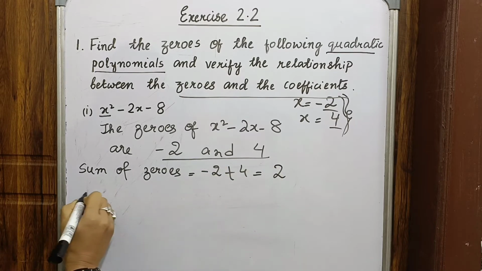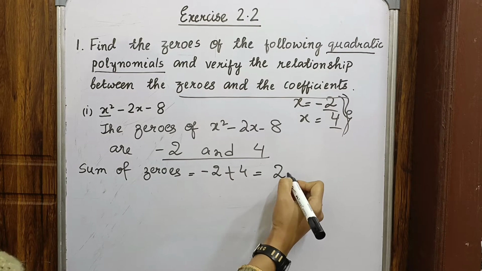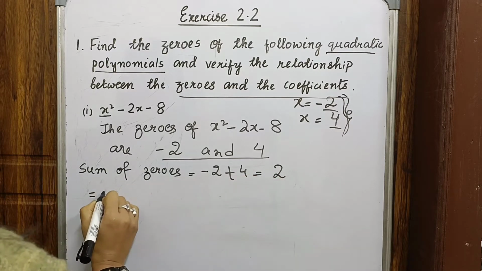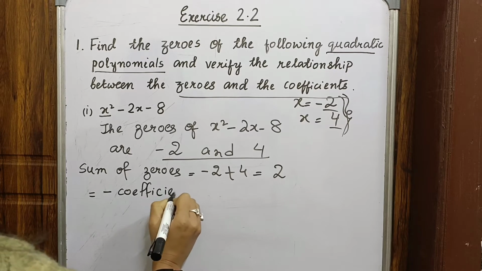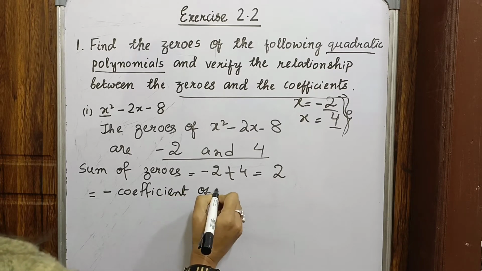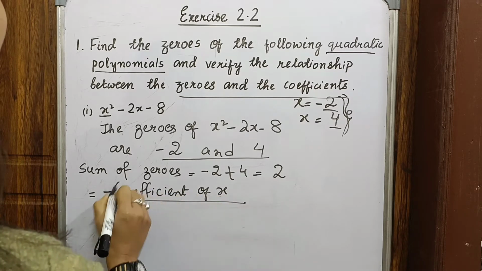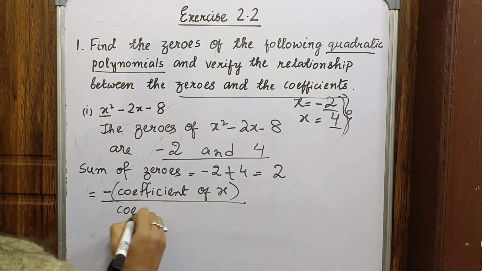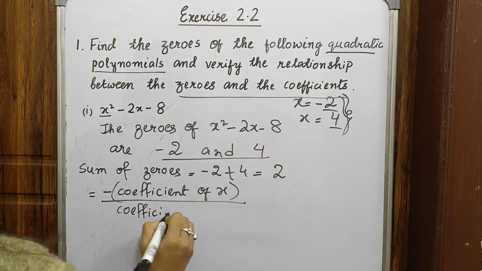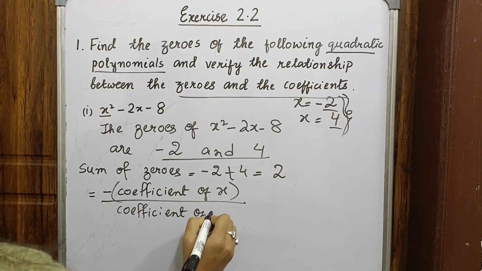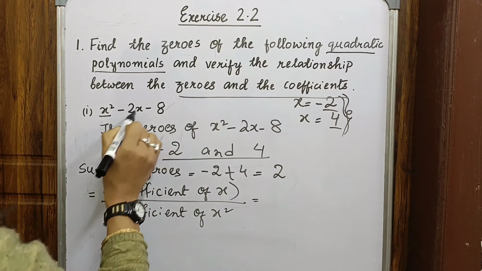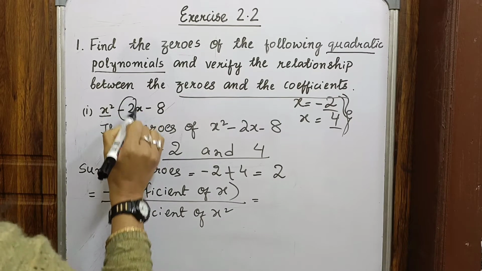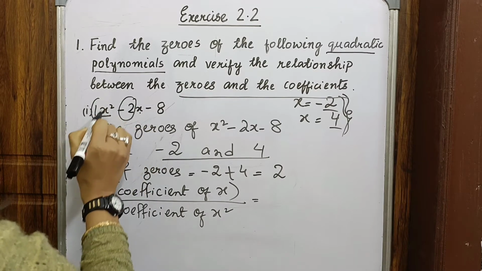So what is the sum of zeros? Sum of zeros equals minus of coefficient of x by coefficient of x square. The number along with x is called the coefficient of x, and the number along with x square is called the coefficient of x square.